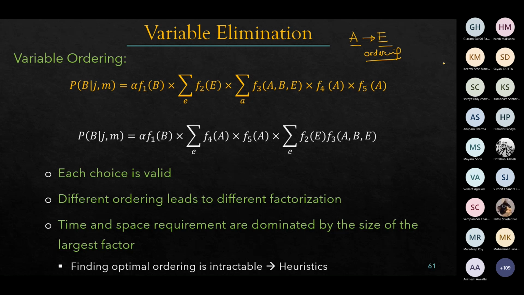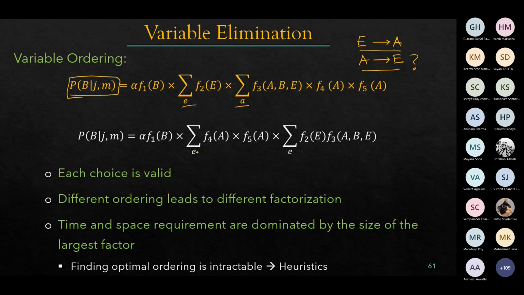In the earlier examples, we have taken, say, E followed by A, right? So in the first example, we have taken E followed by A. Now one might ask whether A followed by E will also work. Actually, that also will work. So the outcome of the probability value or the computation does not really depend on the variable ordering.